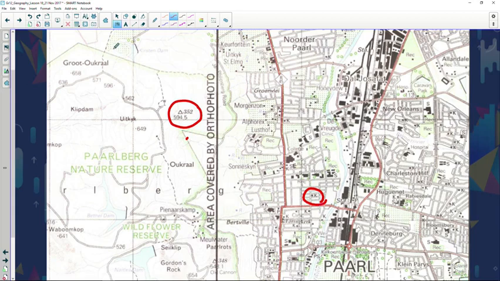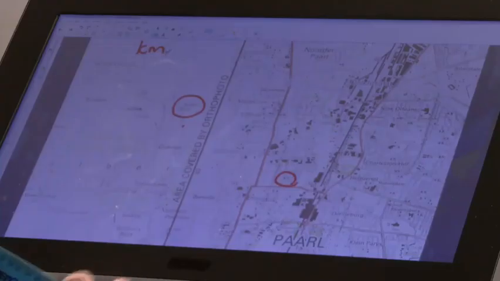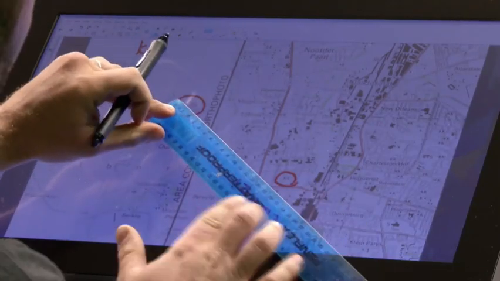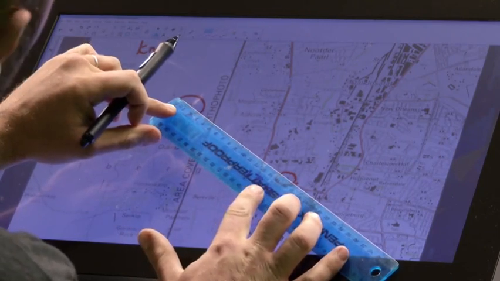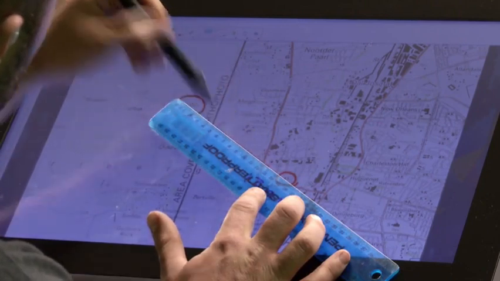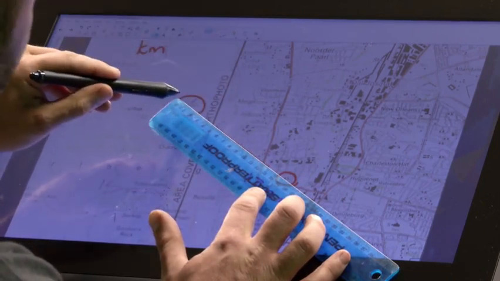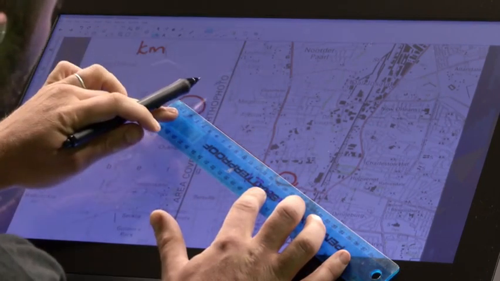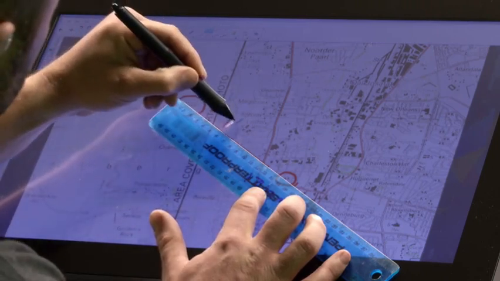Topographical map. If they want the answer in kilometers, what are we going to do? We're going to measure your distance. As you can see, the distance between Trig beacon 352 and the church is 14.5 centimeters.